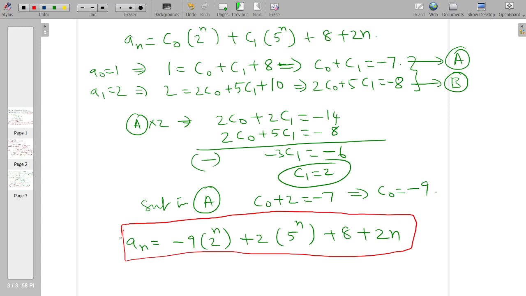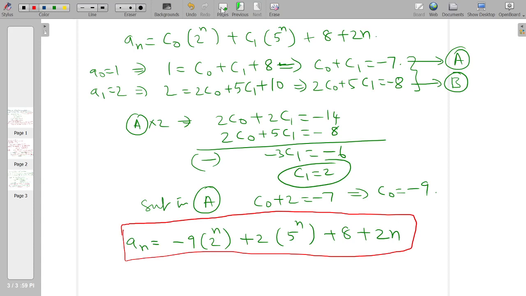If the right hand side is a polynomial, then you take the particular solution as d0 plus d1 n if it is a polynomial of degree 1. If it is of degree 2, you take d0 plus d1 n plus d2 n squared as the particular solution. So depending upon the degree of the polynomial at the right hand side, you have to fix the particular solution. So with this, we complete this particular problem.